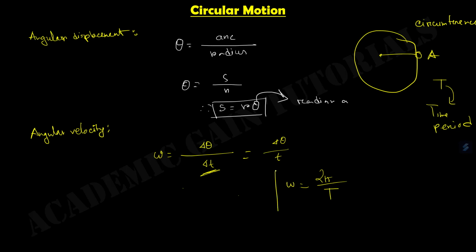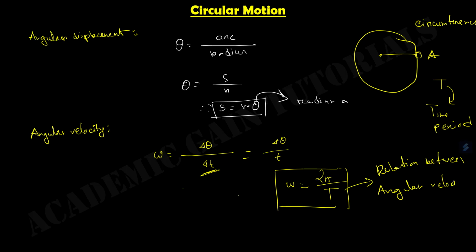So we can write omega equals 2 pi by T. This is known as the relation between angular velocity and time period.